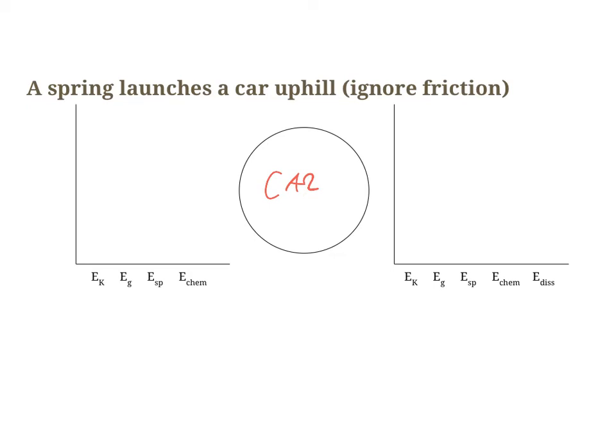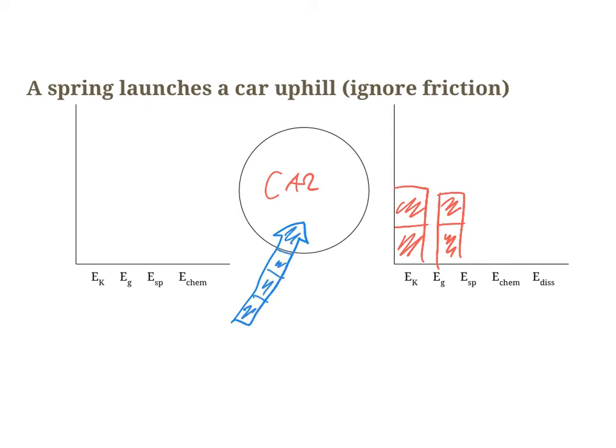So in this particular case, because it's still moving, I'm going to represent that it has some kinetic energy, and it did change position. It went up higher. It didn't go completely up higher, but we do have some gravity that we have to account for. So how did the car get moving? Well, we're going to remember that something gave it the energy, and the thing that gave it the energy in this example was the spring.